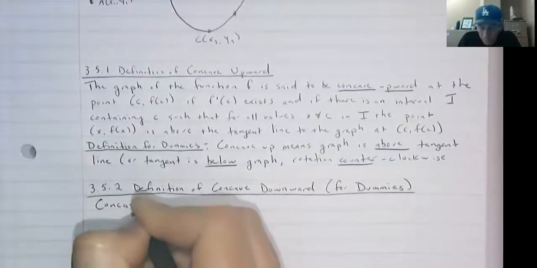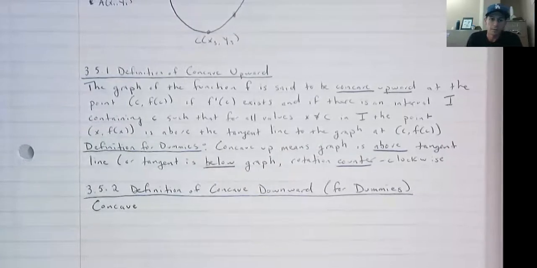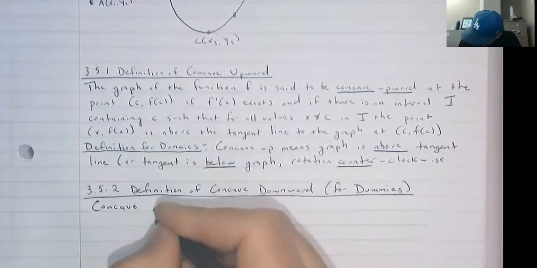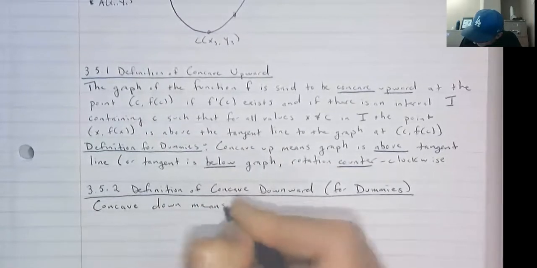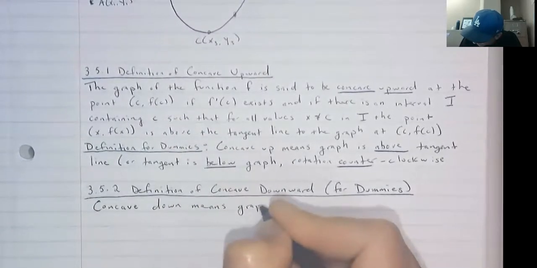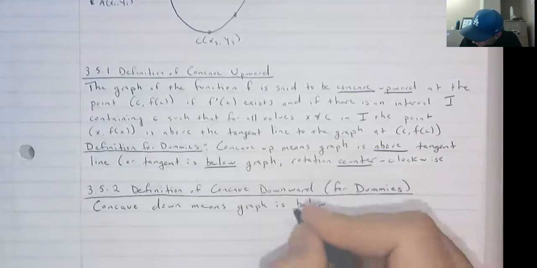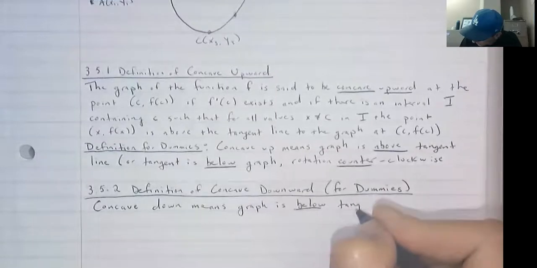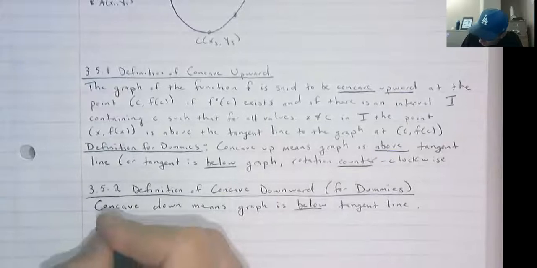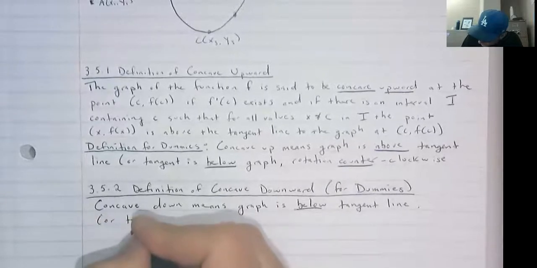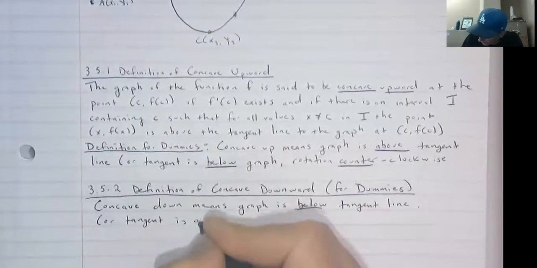And then we will also figure out what that means for the rotational aspect of our first derivative. Concave down means graph is below tangent, or tangent is above graph.